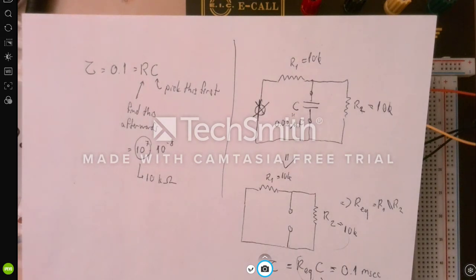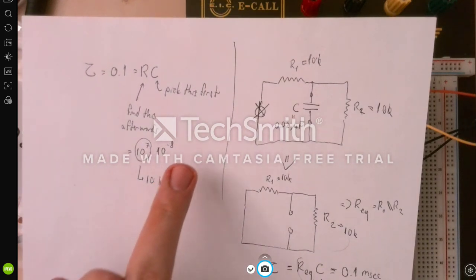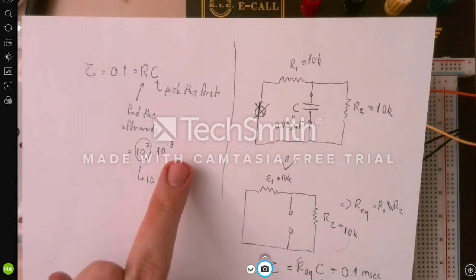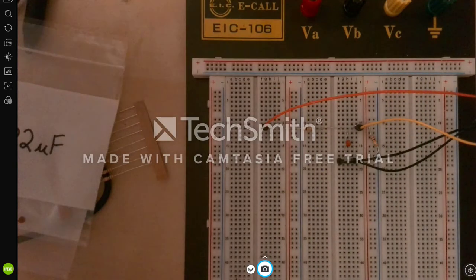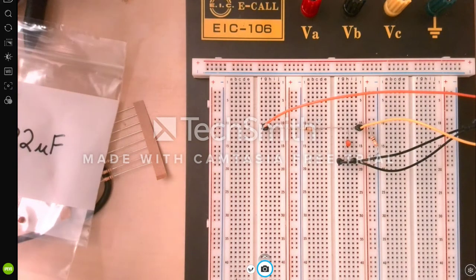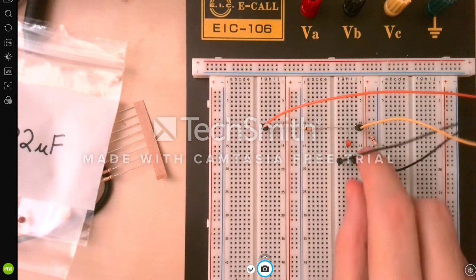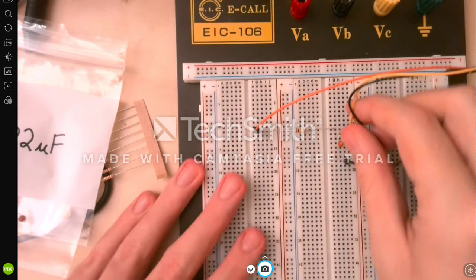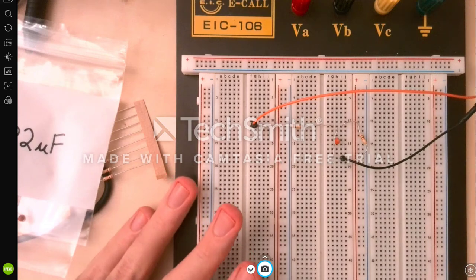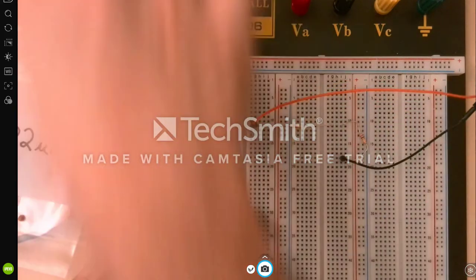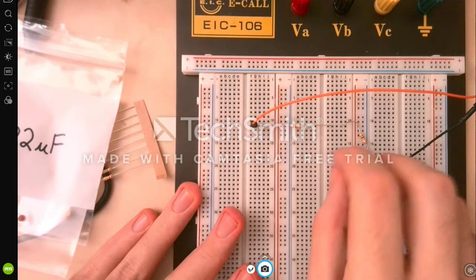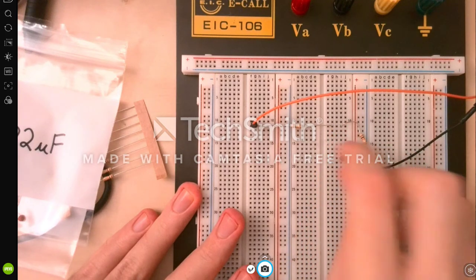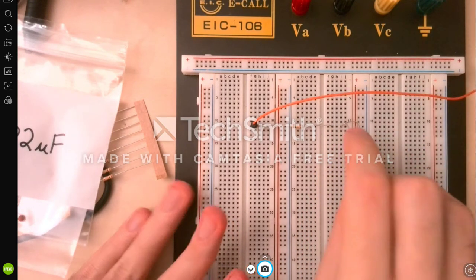Now the R and C components that we used for figure 1 were 10 kilo ohm and 0.01 microfarad. So let's keep using them. Again, let's unplug our channel. Now instead of 0.02, we go back to 0.1.